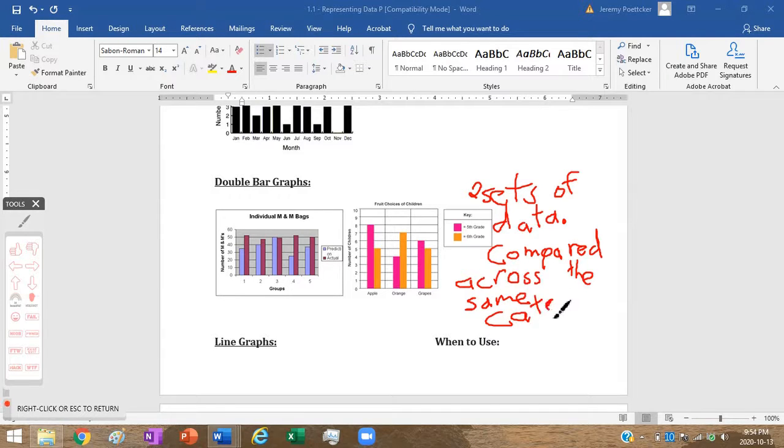Okay, so yours is not actually going to have this thing where it says line graphs at the bottom of the page, which gives you just a smidgen more room. So in this graph here, we've got individual M&M bags. The title tells us something about it. And it says number of M&Ms, and we had a whole bunch of groups make predictions. That's in blue.